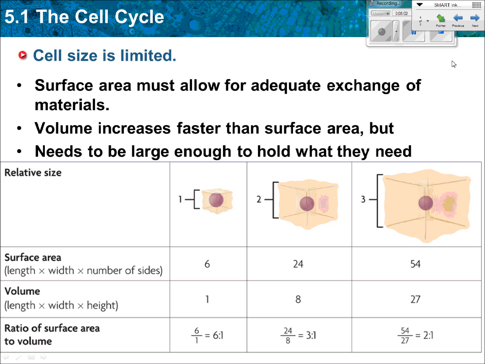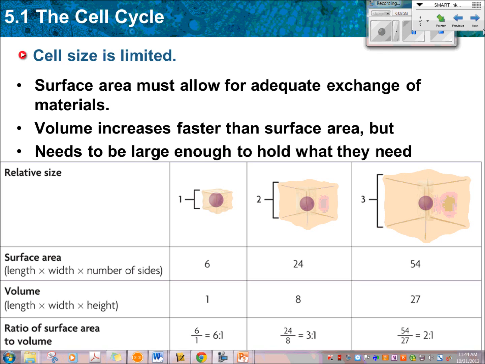Cells have to be a perfect size. If they're too big, they'll have a big problem. If they're too small, not everything can fit. The cell membrane can get too stretched out, too big, and look at my fake little sphere.